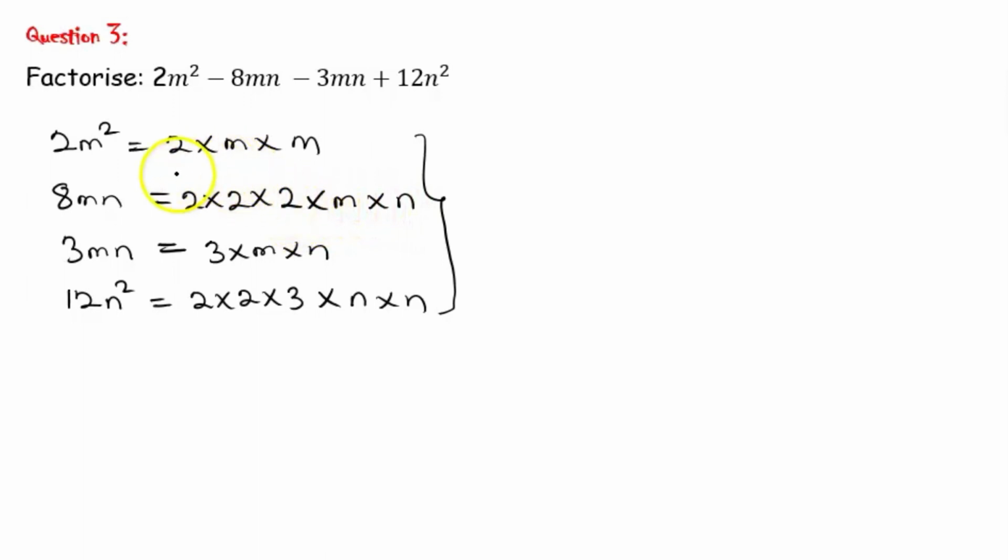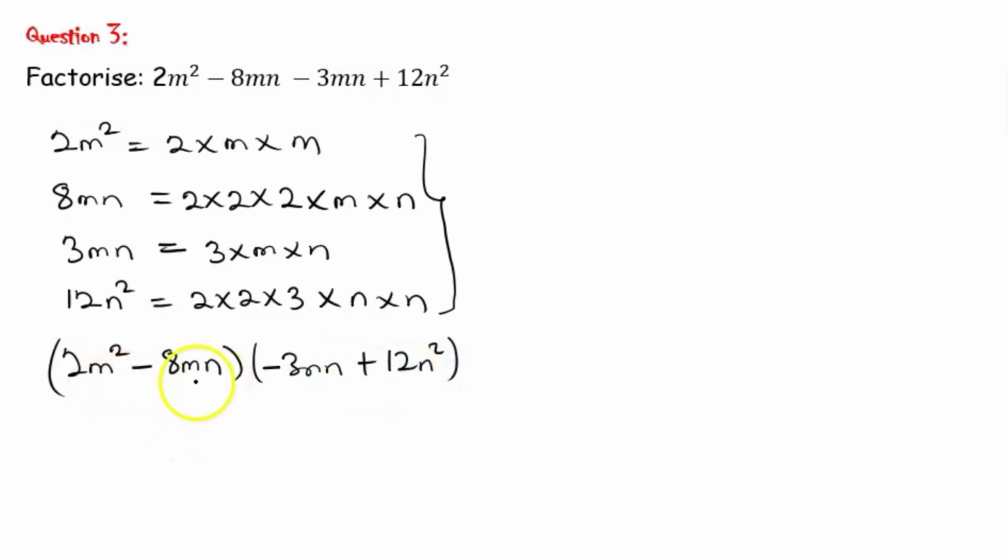So whenever you see a case like this, then you have to do what we call grouping. So how do we do that? You are going to have 2m squared minus 8mn. You can group this. Then in another group I have minus 3mn plus 12n squared.